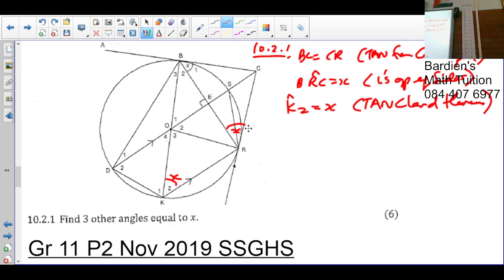And then these lines are parallel. So I've already indicated that O4 is the same as K2. So O4 is also equal to x. Why? Because alternate angles with DO being parallel to KR. When you say alternate, corresponding or co-interior, you must couple it with which lines are parallel.